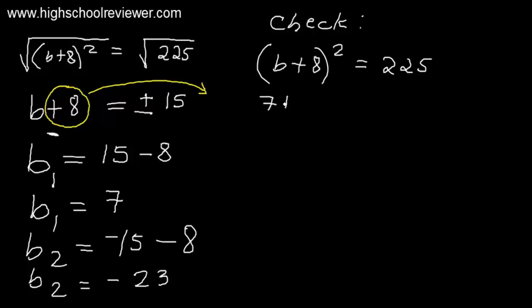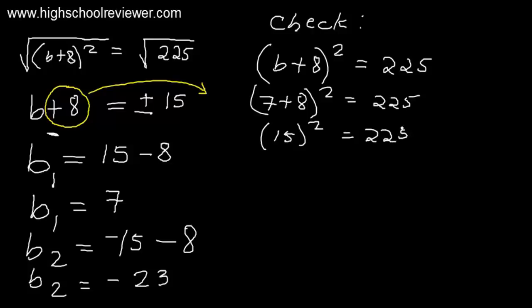So 7 plus 8 raised to the power of 2 equals 225. So we will have here 15 raised to 2 equals 225. 15 raised to 2, that is 225. So the first value for b, which is positive 7, is correct.